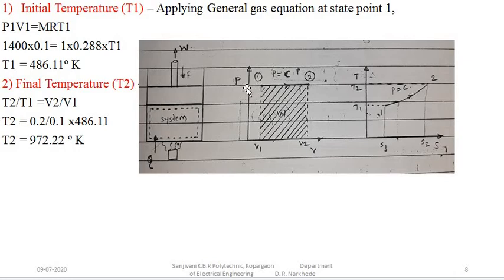So we have to mark the pressures here, P1 is equal to P2. Then this is the V1, V2, temperature T1, T2, S1 and S2. We have to mark this on the property diagram and write down the values of the given data on the pressure volume diagram and the temperature entropy diagram.